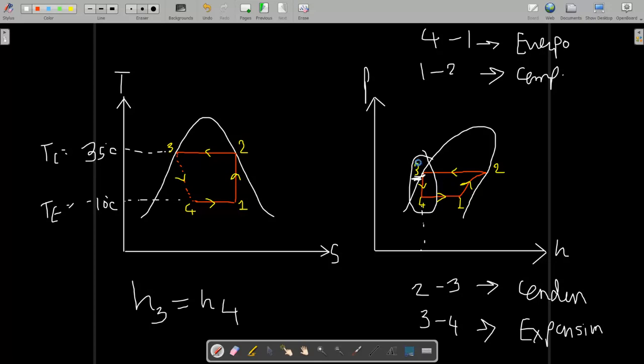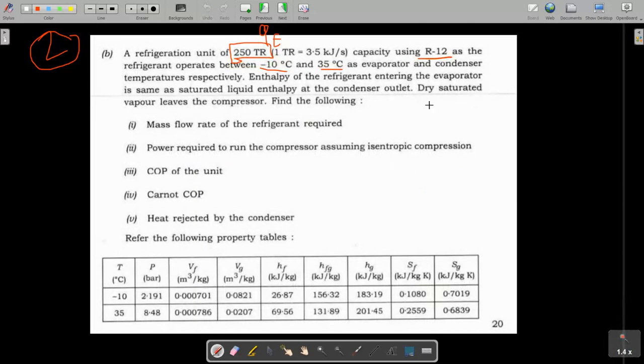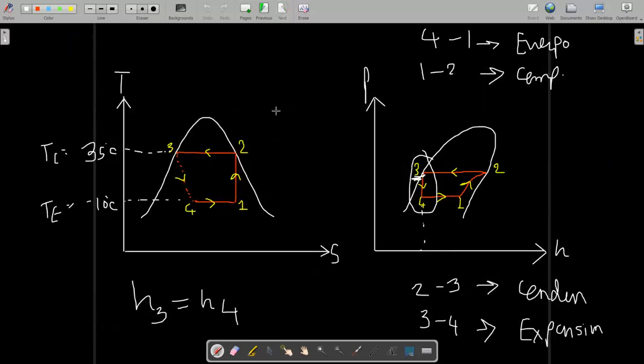Read next what is given. Dry and saturated vapor leaves the compressor. So at the end of the compressor it should be on the saturated vapor line at 35 degrees Celsius. This is the end of the compression.